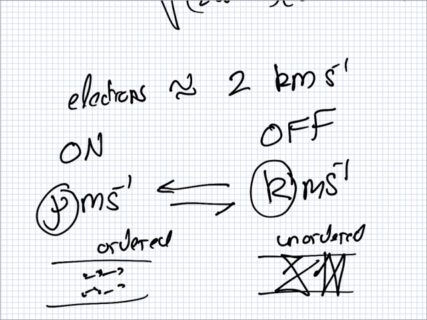Okay. Lastly, using your result from B and C, what can you say? You can say that ordered movement moves much slower than unordered movement. The way I think about it is like this. If you have an army walking, they walk quite steady, right? If you have a bunch of children running around in the playground, they run much faster, but also are unordered, right?